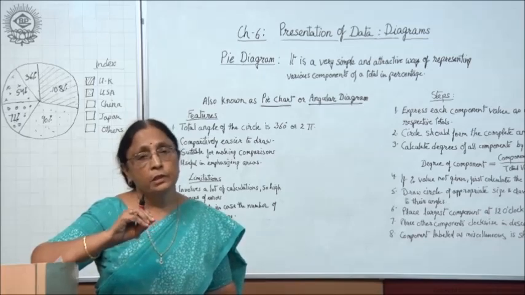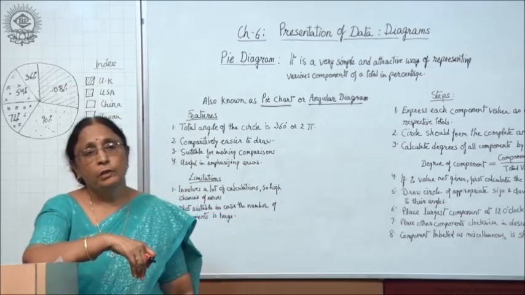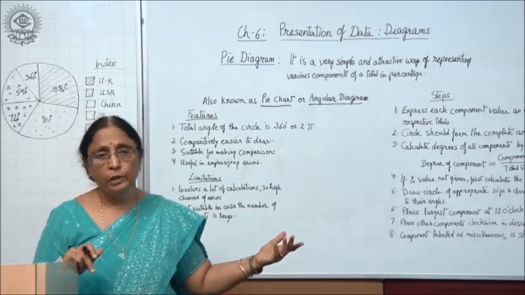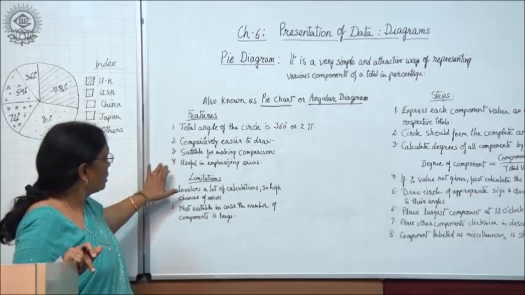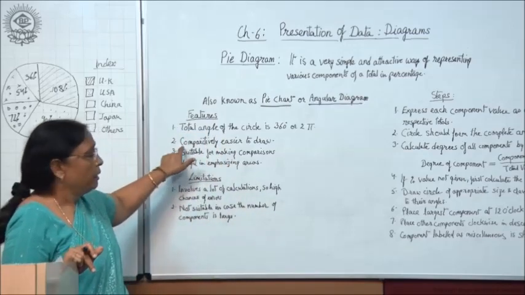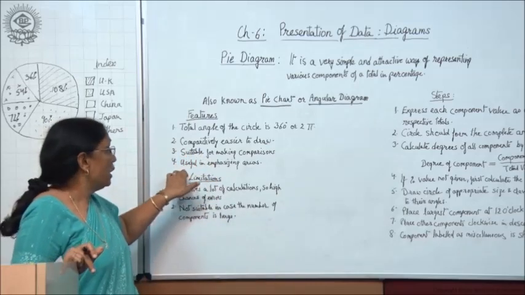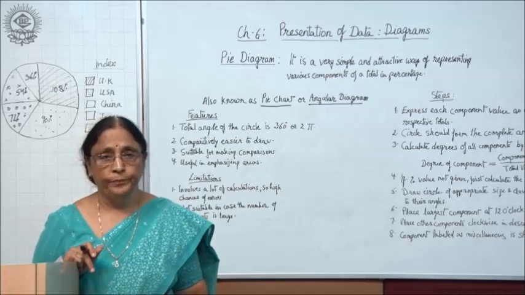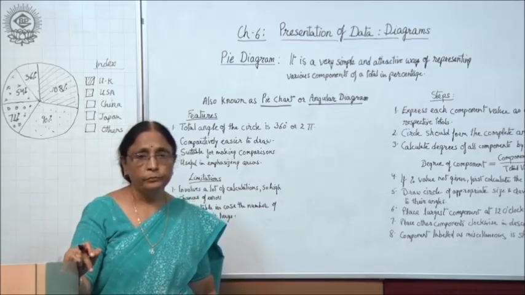Fourth, it is easier to emphasize a particular area of distribution. That will be more clear to you when we learn about the shape of the diagram. So these are the 4 features: it has an angle of 360 degrees, it is easier to draw, it is suitable for making comparisons, and it is useful in emphasizing areas. These are the 4 main features of the pie diagram.